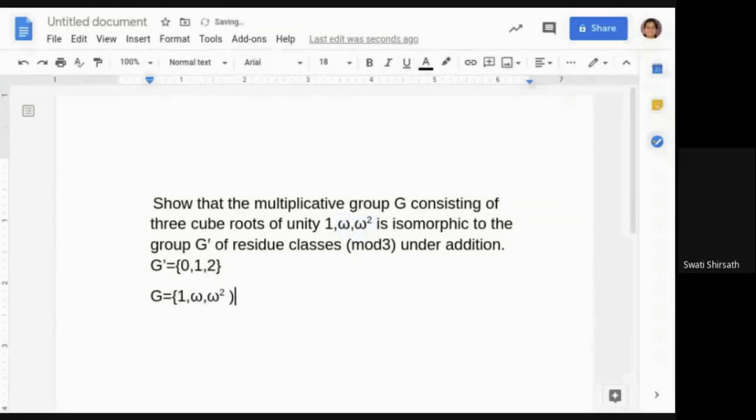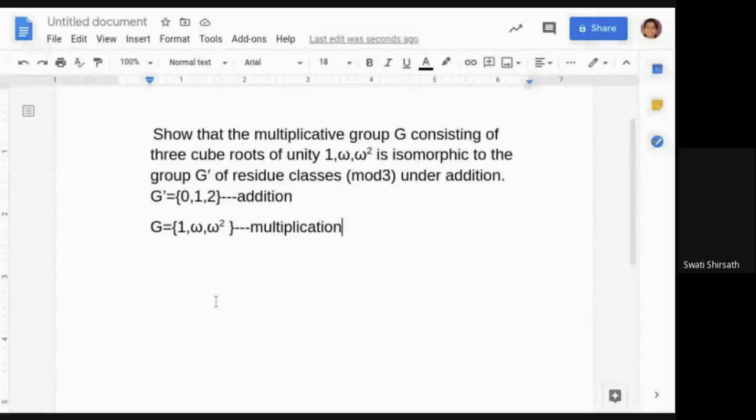Is it clear now? So it is easy for you to find the multiplication table for this one. And then I'll show you the answer, how they are isomorphic to each other.